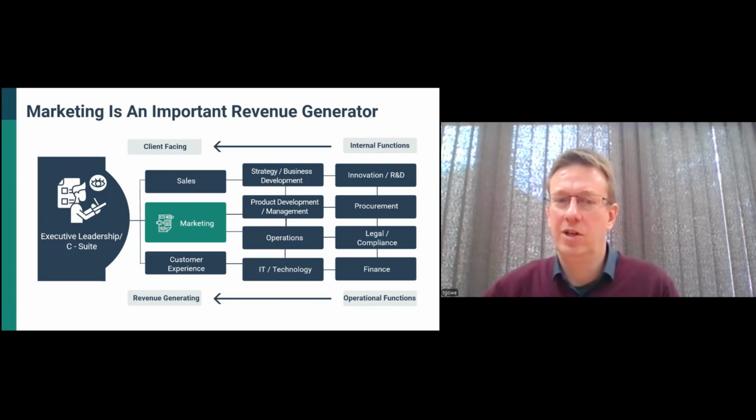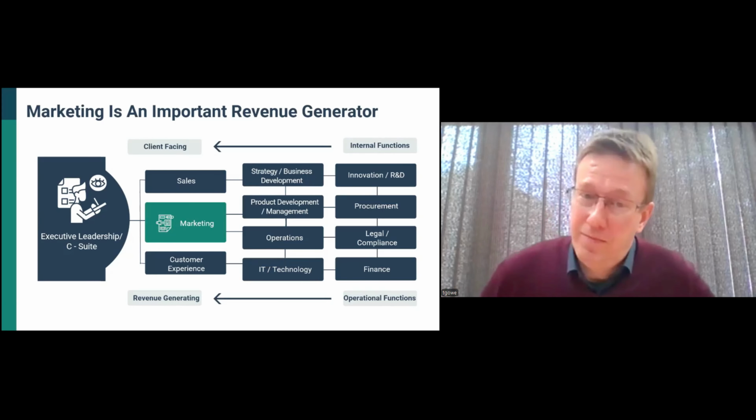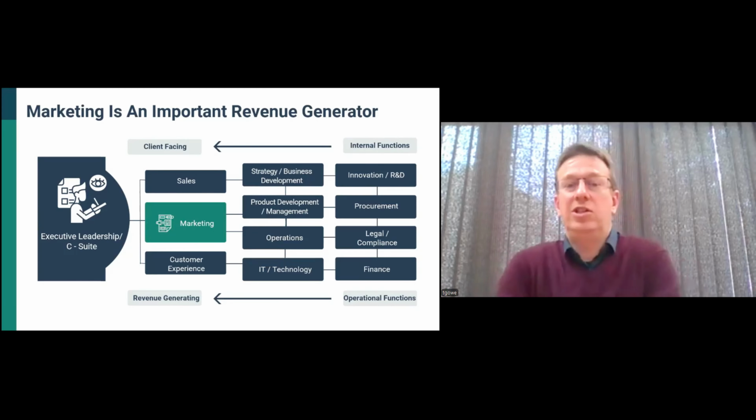And then you've got what I would describe as the most client-facing departments and the revenue-generating departments as well, which would be customer experience, the sales function, and that can obviously include the channel to market as well, and then the marketing department. I'm planning to do another webinar on sales and the value of market intelligence for the sales function, but today's is absolutely focused on the marketing department.